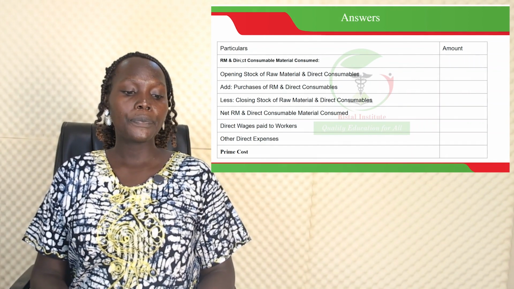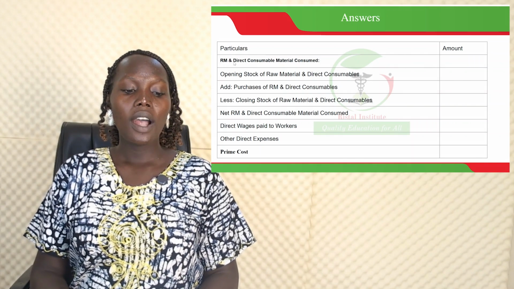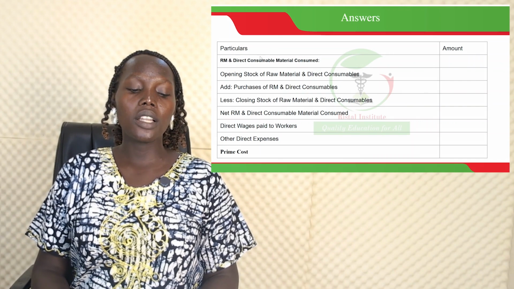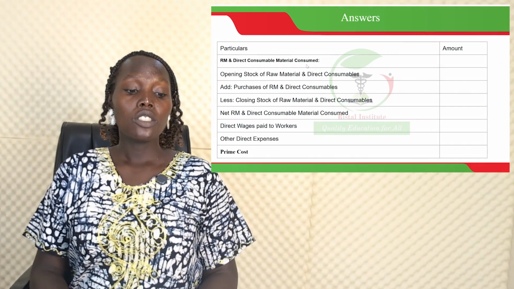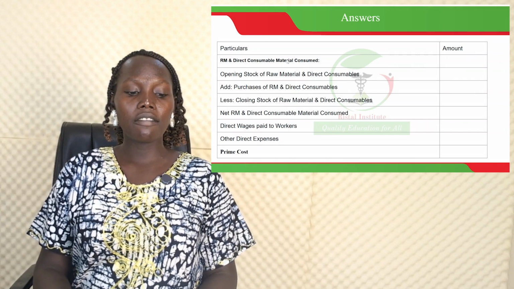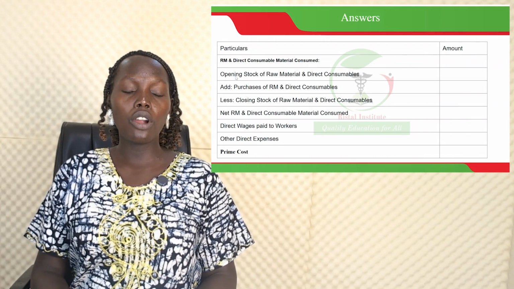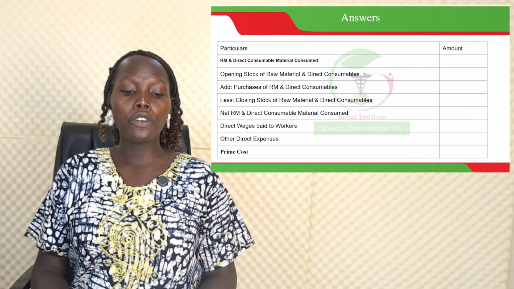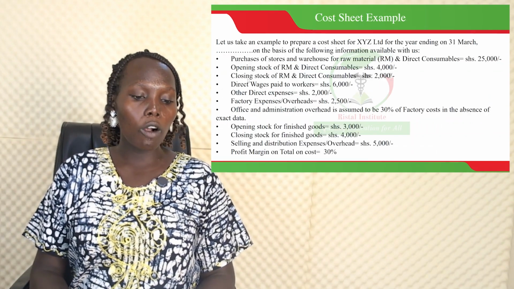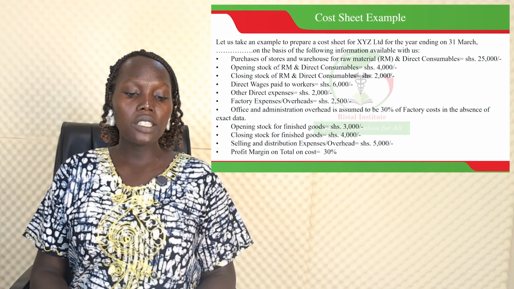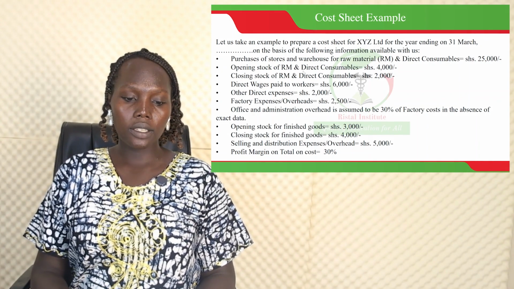So we start by identifying our raw materials and direct consumables. In the formula, to get the total, you put the opening stock of raw materials, which in our question was 4,000.